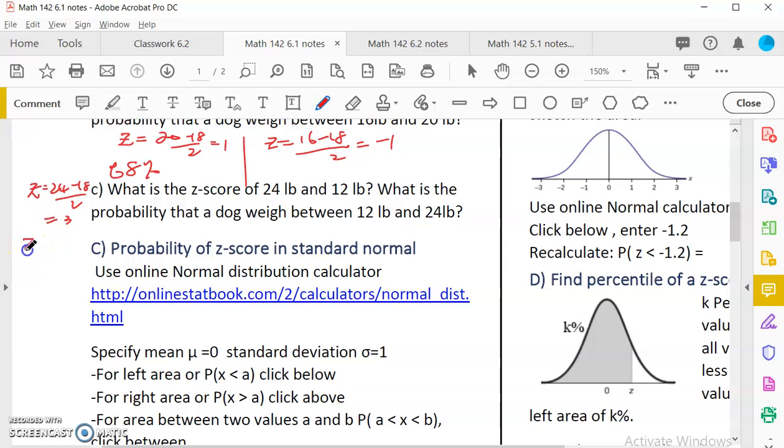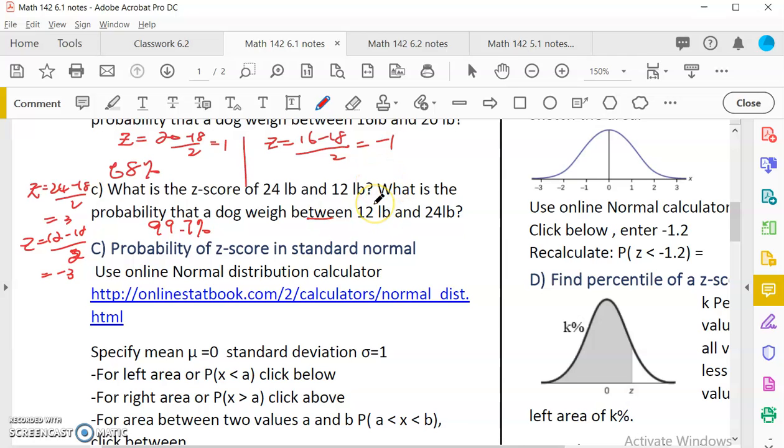But the other one, z, is 12 minus 18 over 2. That is -3 because -6 over 2 is -3. So between 3 and -3 is 99.7%. It's always between.